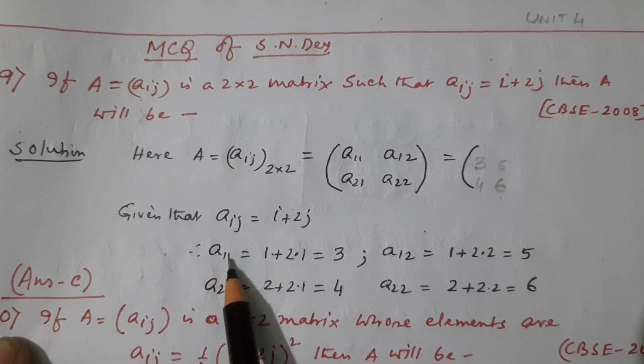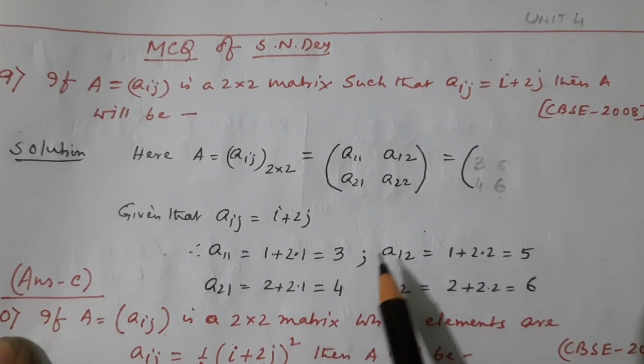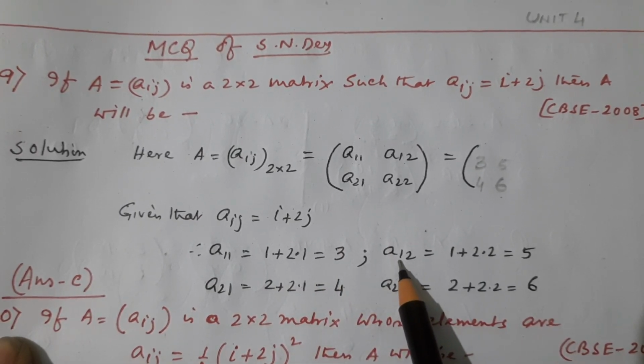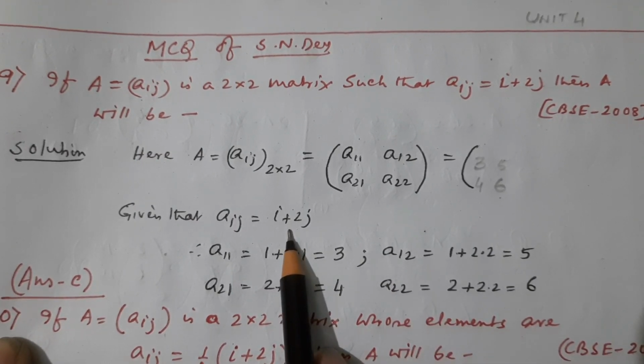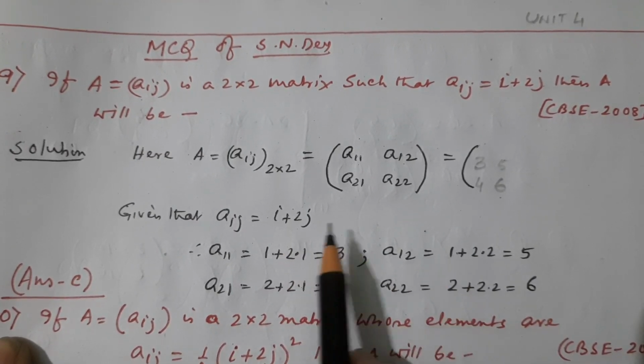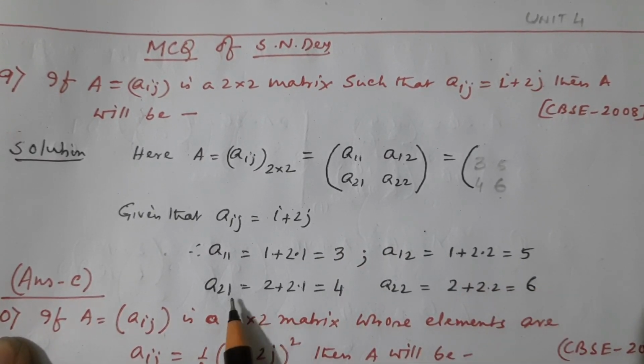First we consider A11, that is i equals 1, j equals 1. Substituting i equals 1, j equals 1, we get 3. A12, where i equals 1, j equals 2, that is 1 plus 2 into 2, that is 5. A21 equals 2 plus 2 into 1, that is 4.